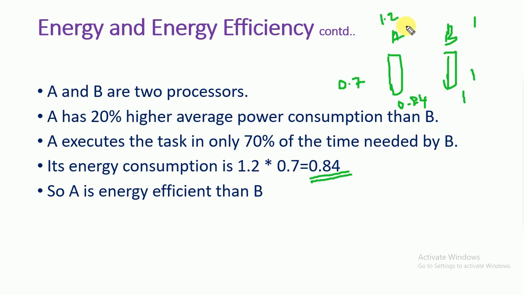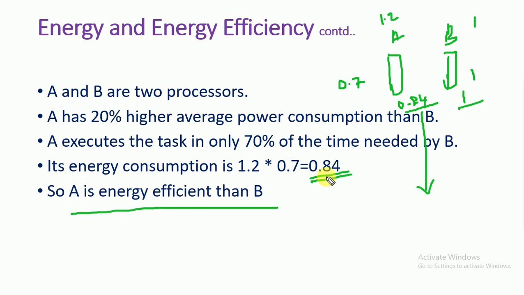Power into time, based on a particular task: 0.84 is the energy consumption for the task using processor A, but 1 is the energy consumption for the same task done using processor B. By looking at these two values, we can see that 0.84 is smaller than 1. So we can say that A is more energy efficient than B.